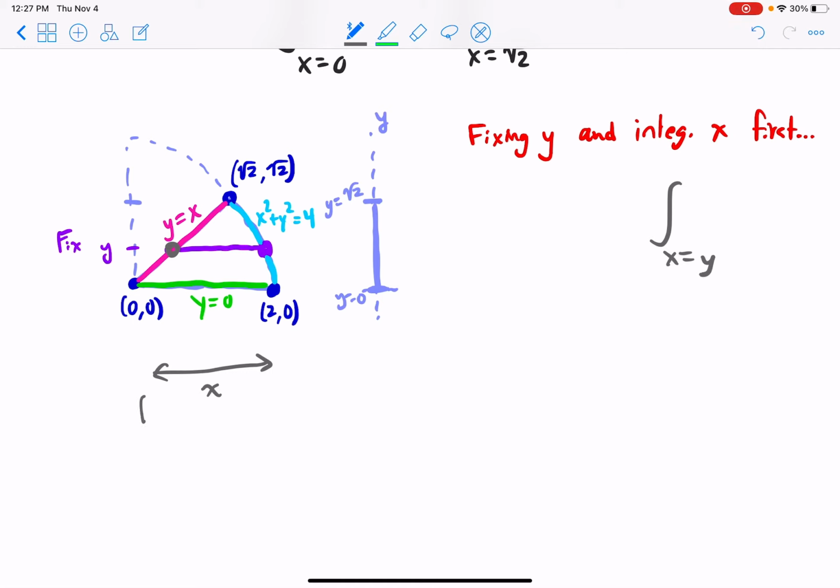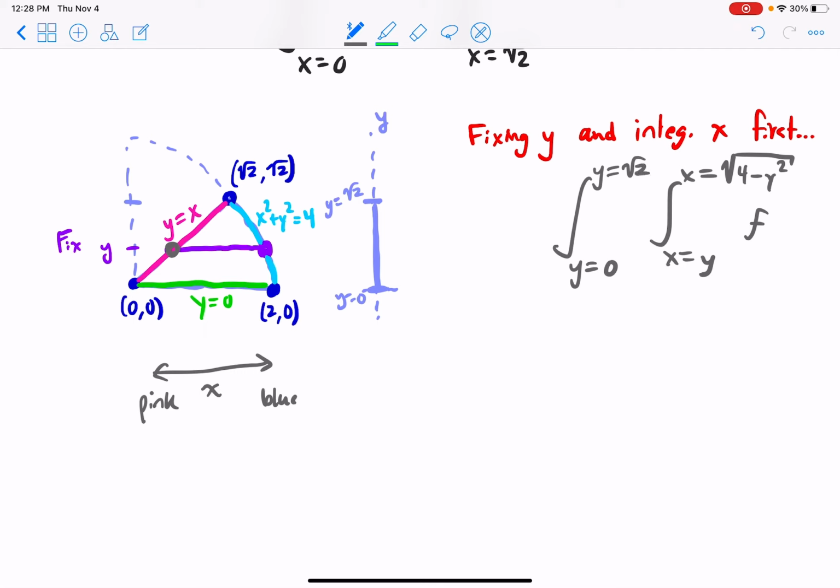The pink up to the blue, right? And so then I need x equals, well, I have to solve for x. It's the square root of 4 minus y squared. And so that's what I'll integrate. And then after that, I just do y equals 0 to y equals root 2.